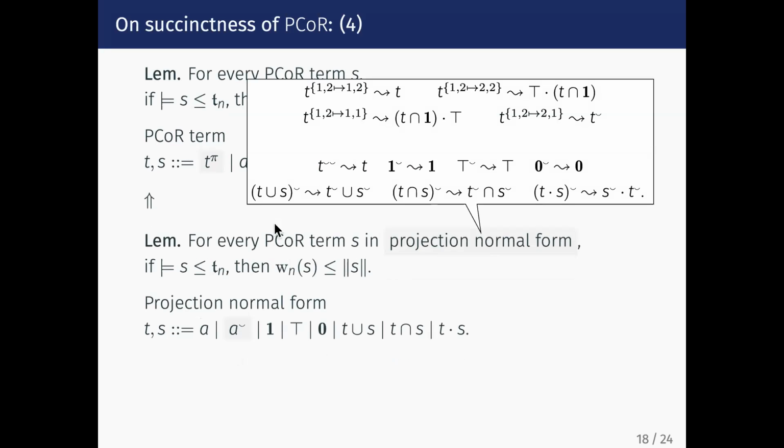We first replace projection with converse by using this translation, and then we push the converse operator deeper and deeper by using these rewriting rules. Then we can easily obtain the PCO terms in projection normal form.